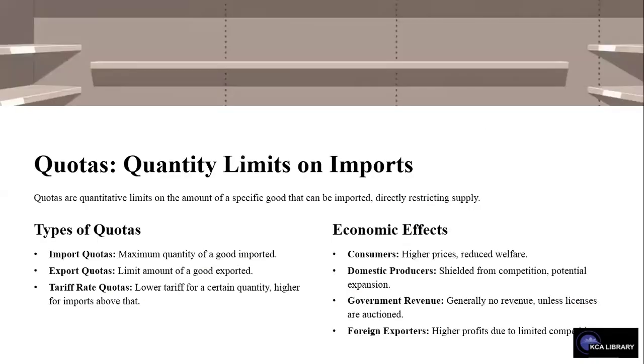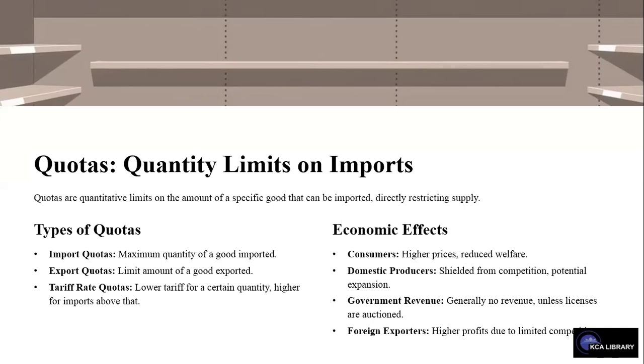The second is the quotas, and when we talk about quotas, they are quantitative limits on the amount of a specific good that can be imported, directly restricting supply. And we have the types of quotas to be the import quota, export quota, and the tariff rate quotas.